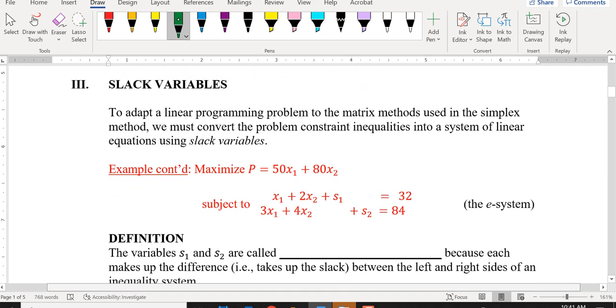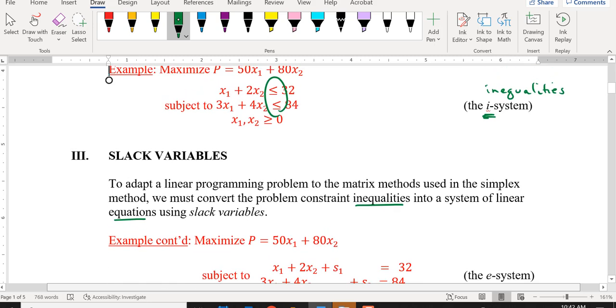To adapt a linear programming problem to the matrix methods used in the simplex method, which is next week, we must convert the problem constraint inequalities into a system of linear equations. We're going to convert inequalities to equations by introducing what are called slack variables.